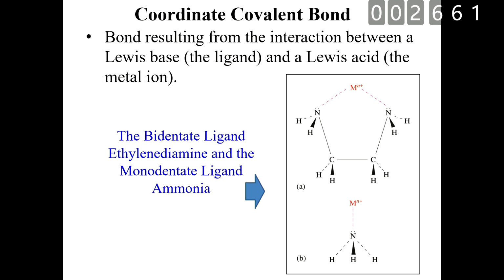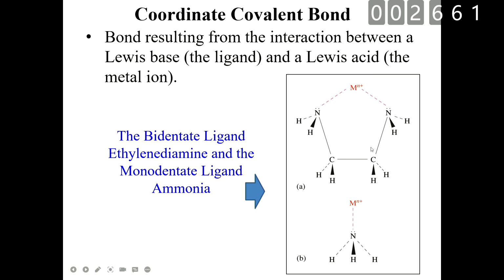So these two electrons can be shared by metal and nitrogen. Okay. And here is another one. So this nitrogen also can provide these two electrons.